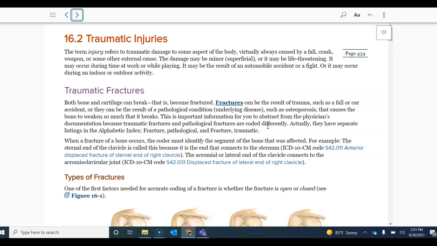As I talked about the last time, you have to go back to right under where the category is, the 3 characters, and it's going to say the appropriate seventh character to be added to each code from this category, and it lists them. And remember, your X is your placeholder. So if for some reason you only have 5 characters, but you have to have a 7th, you have to use that placeholder of an X.